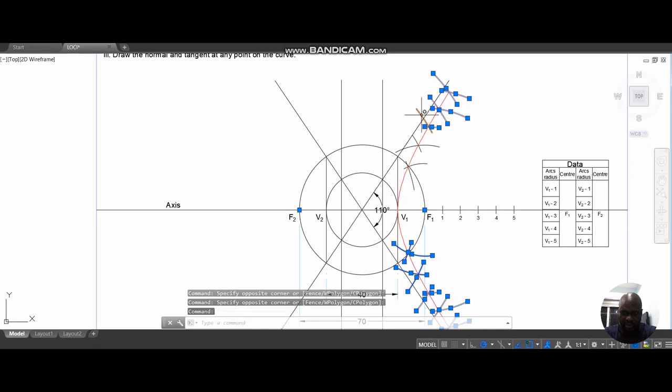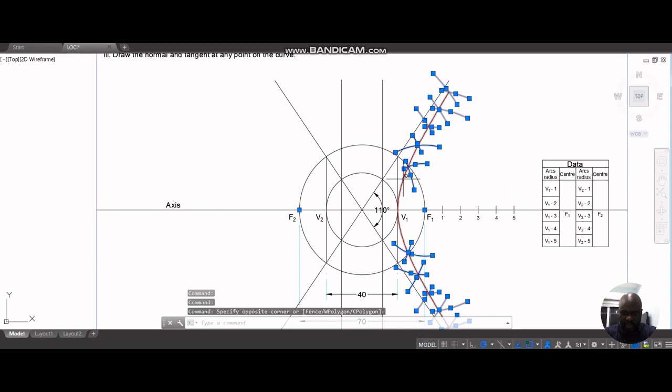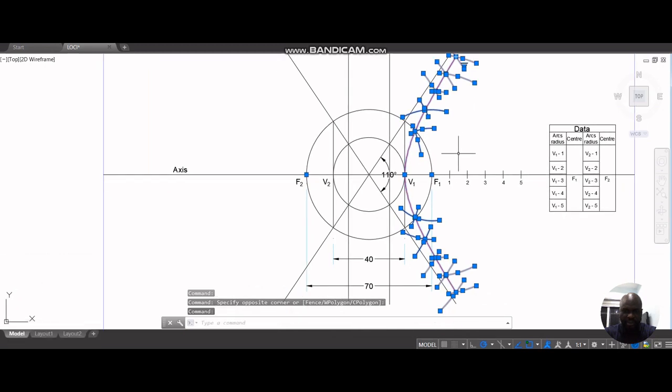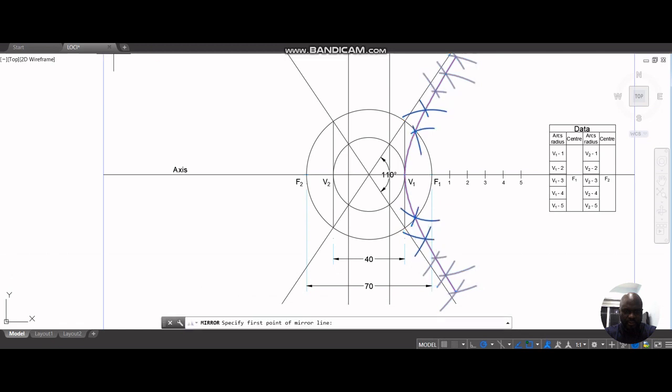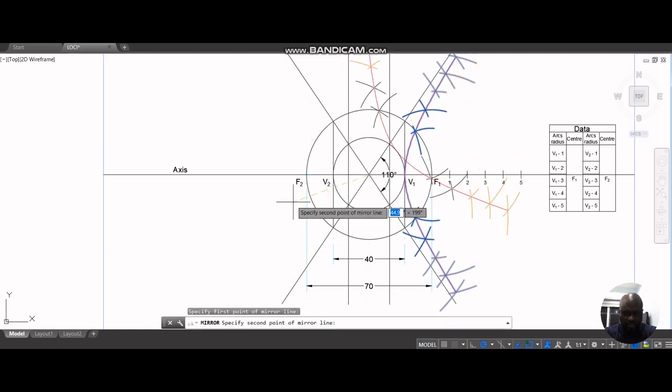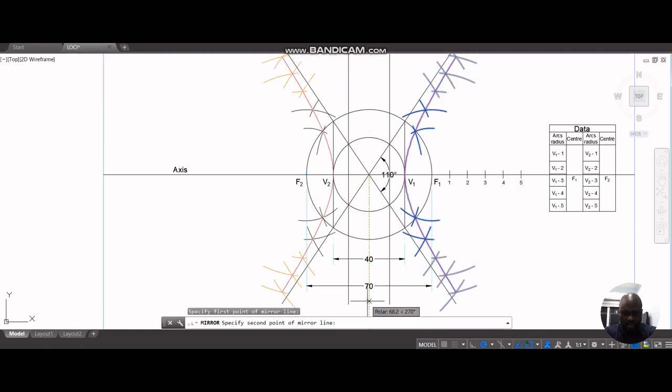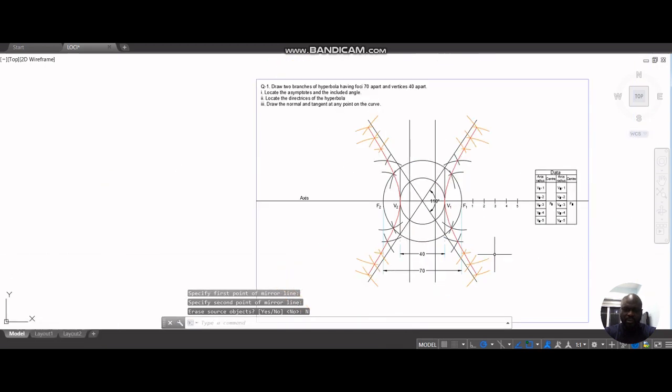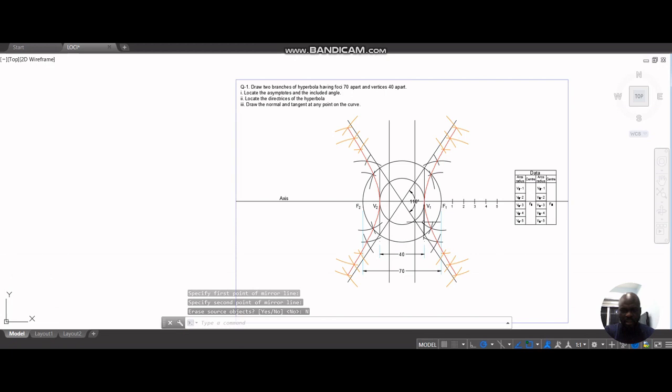So I'll highlight all the points, including the arcs created and the curve created, and I'll simply duplicate it. See how it goes, nice and easy. And that's all. Cool. Work done.